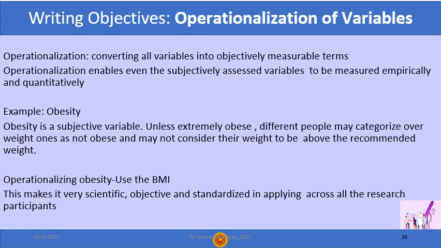Okay, so operationalization enables even the subjectively assessed variables to be measured empirically and quantitatively. So for example, let's take obesity. Now, as you know, obesity is a subjective variable. Who is obese to me may not be obese to you, unless someone is extremely obese, right?